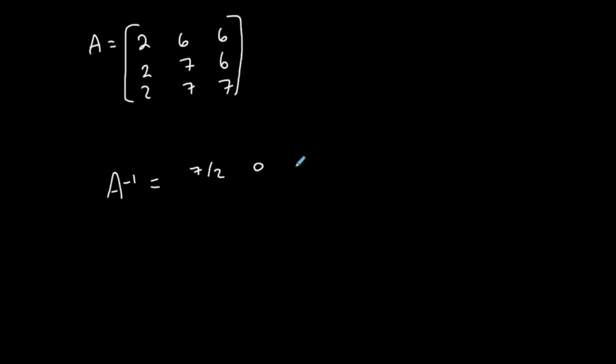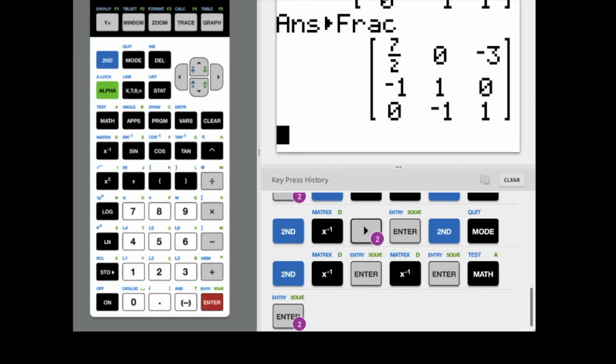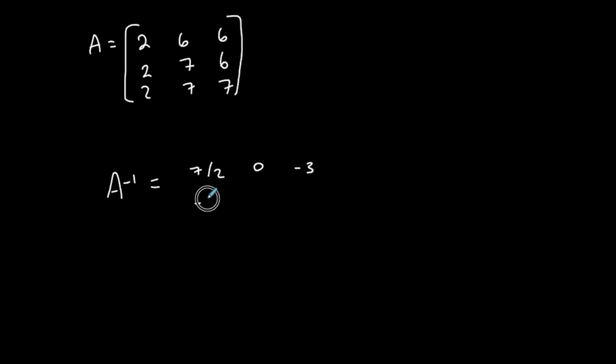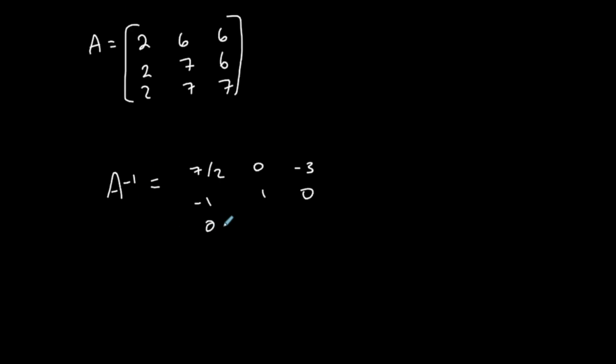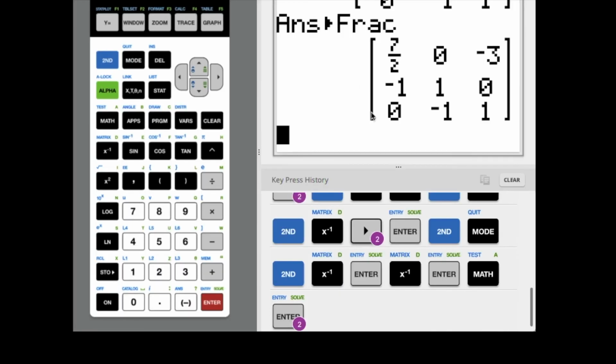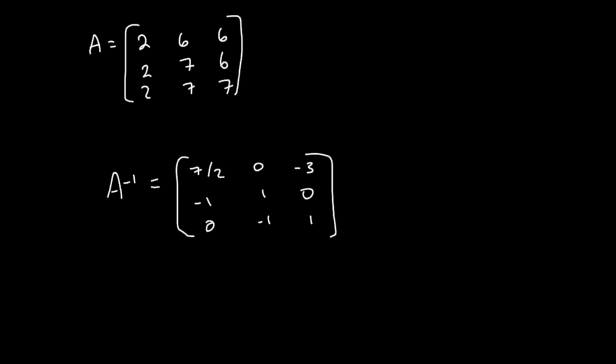And we're going to go across the top. Row 1: 7 halves, 0, negative 3. Row 2: negative 1, 1, 0. Row 3: 0, negative 1, 1. And this is the inverse of matrix A. If you want to see that video, you could check it out.